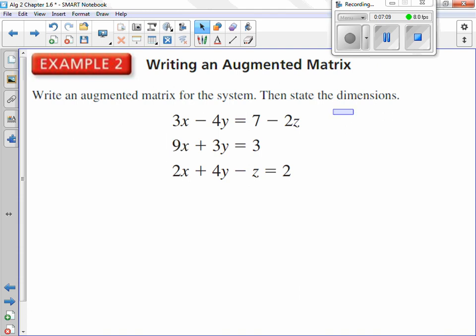X, Y, well, hold up. Is this Z on the wrong side? Yes, because we want the variables all on one side and the number without a variable on the other. Which is fine, except this negative 2Z is on the wrong side.